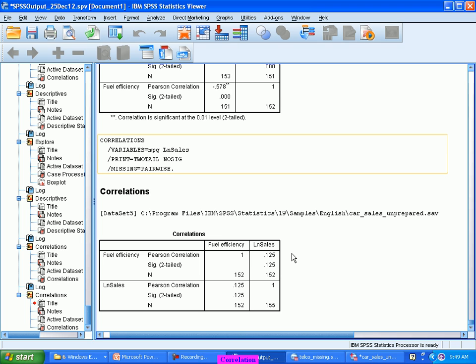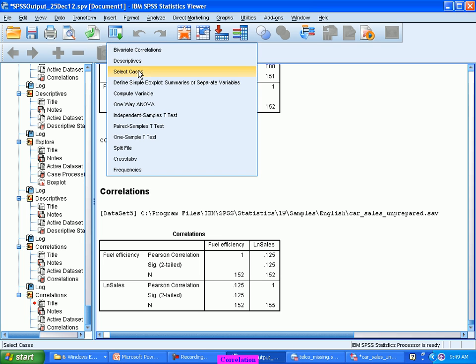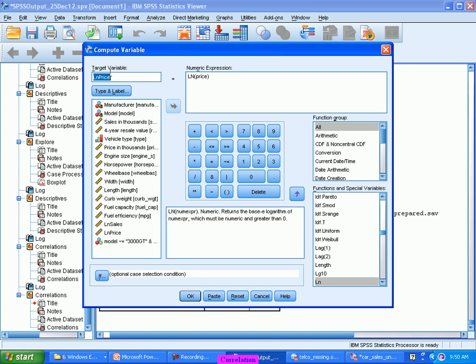Doing transformation? See, when we are doing this log, I go to compute variable, just writing one name to it, then the formula. Because I am taking a logarithm, I am using a log formula.